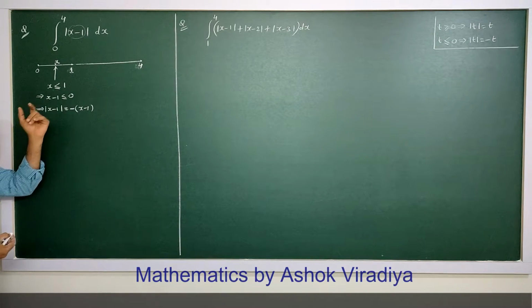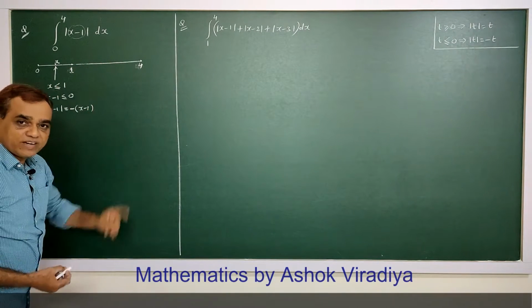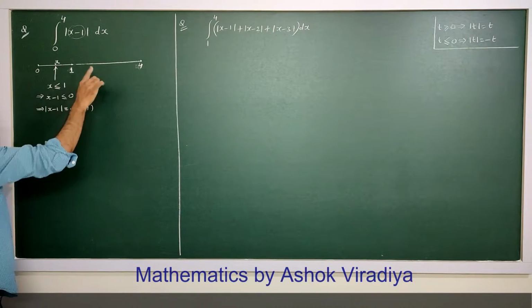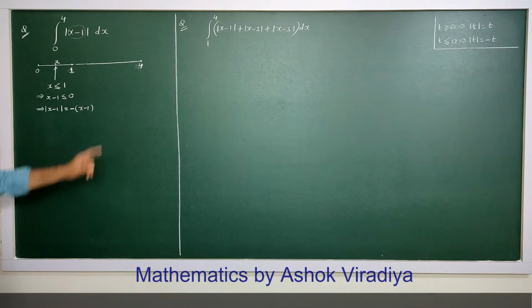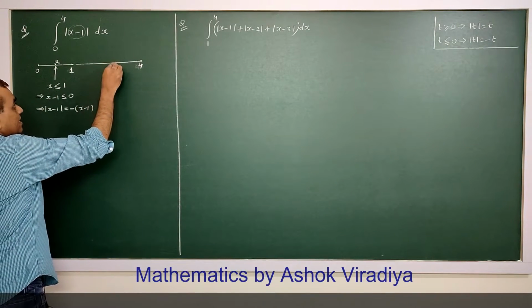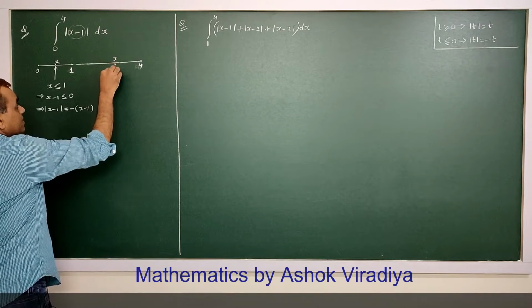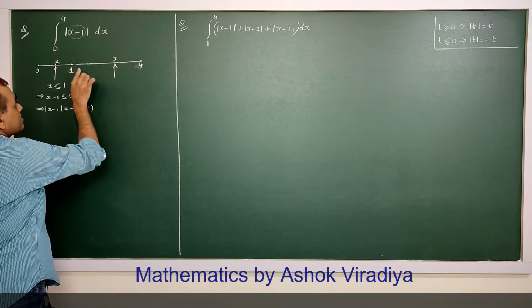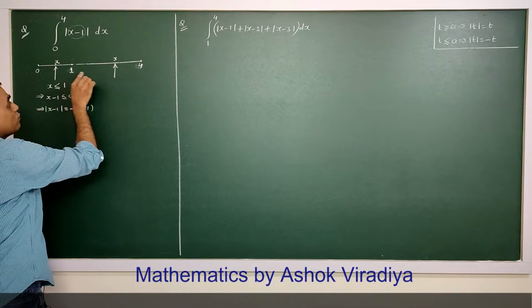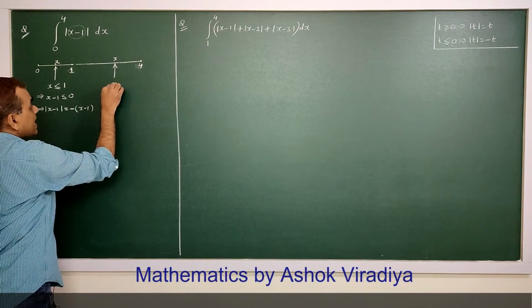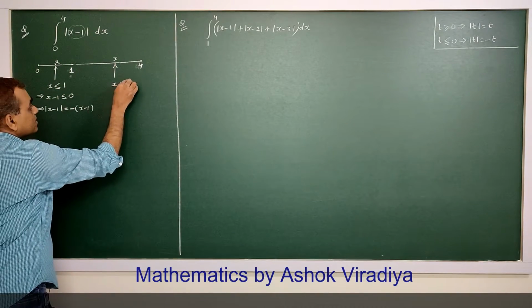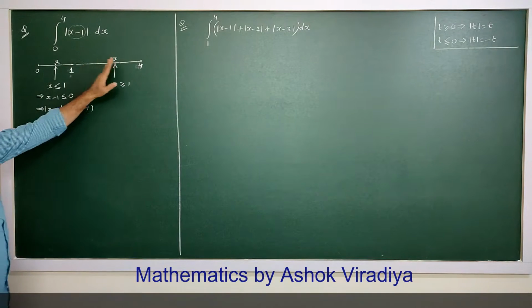Now in the second part of the interval, because of this 1, the interval is divided in two parts. Here, if x lies between 1 and 4, then x is more than or equal to 1. x is on the right hand side of 1.